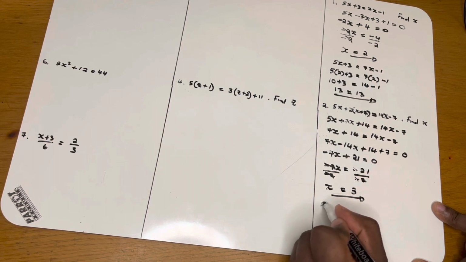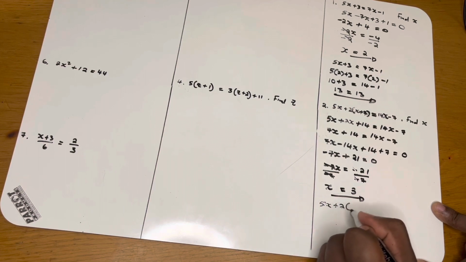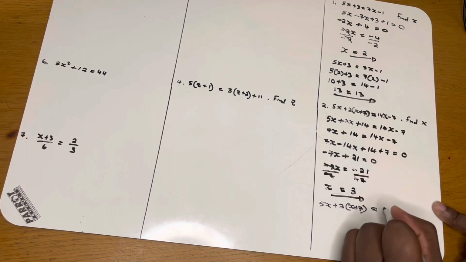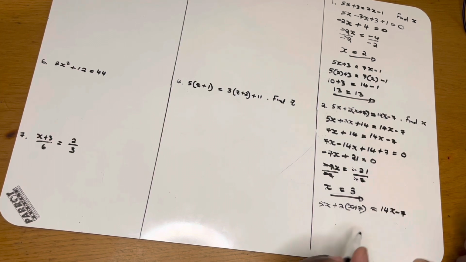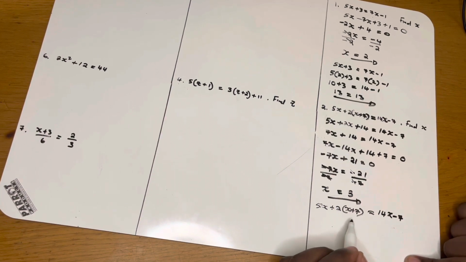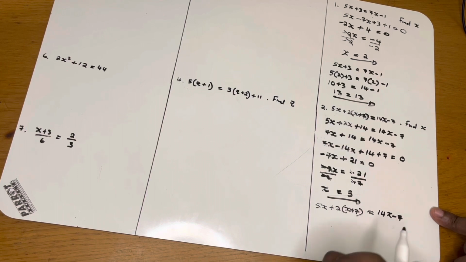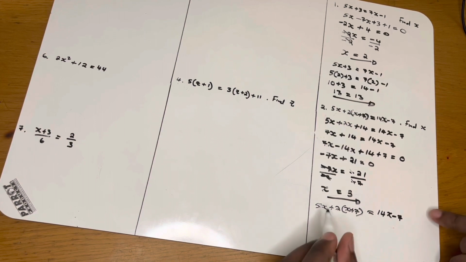It's going to be 5x plus 2 into x plus 7 equals 14x minus 7. So if we substitute the value of x this side and we substitute the value of x this side, this sum this side should be equal to this side.